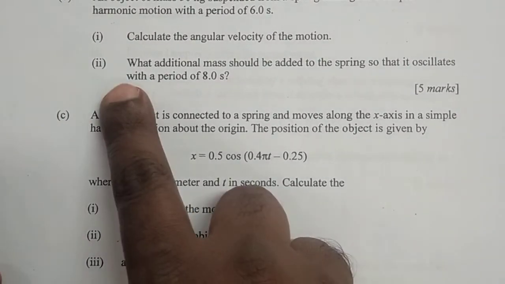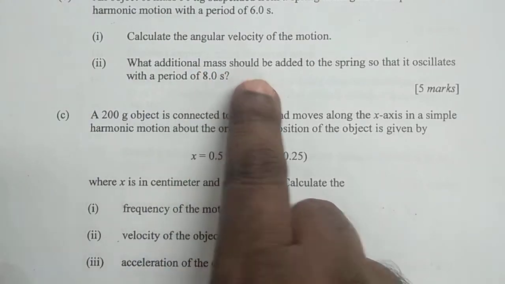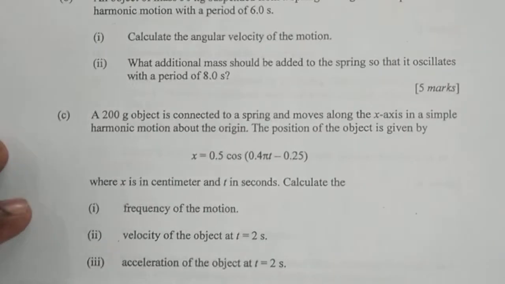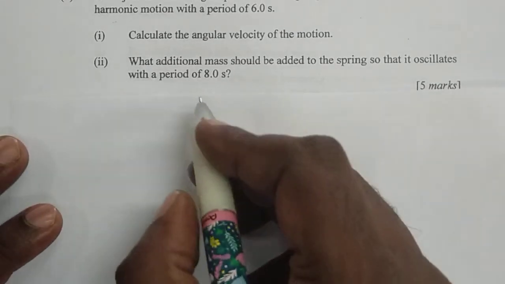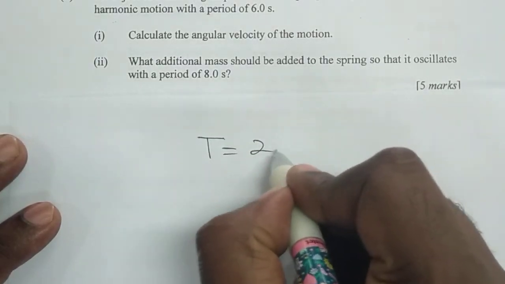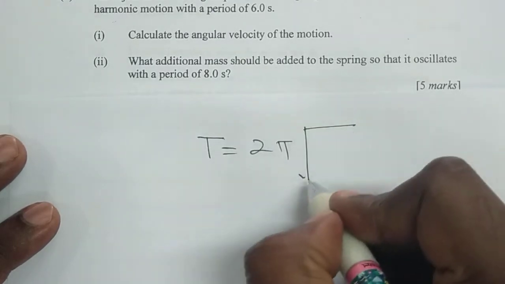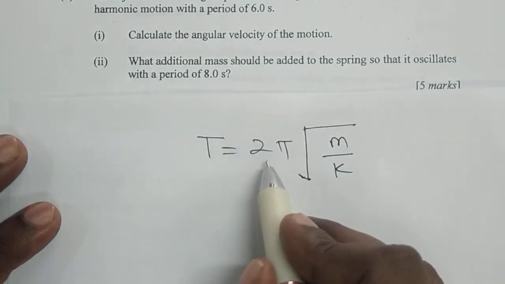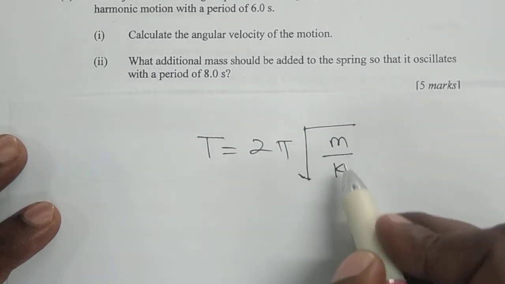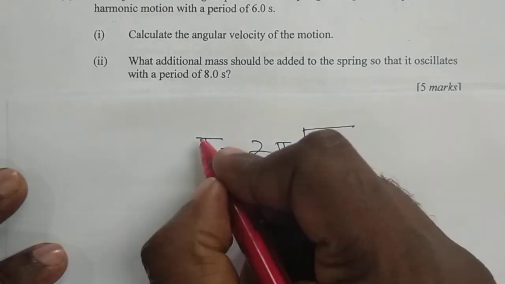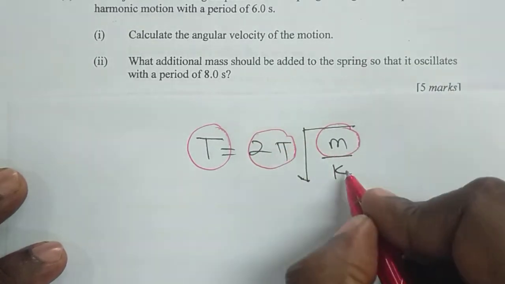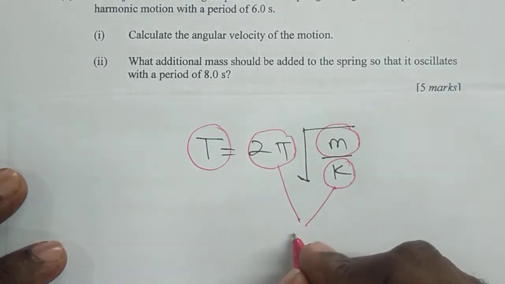For B Roman 2, what additional mass should be added to the spring so that it oscillates with a period of 8.0 seconds? Everyone knows that for the spring, period equals 2 pi square root of mass over k. So T is proportional to square root m, where 2 pi and k remain constant.